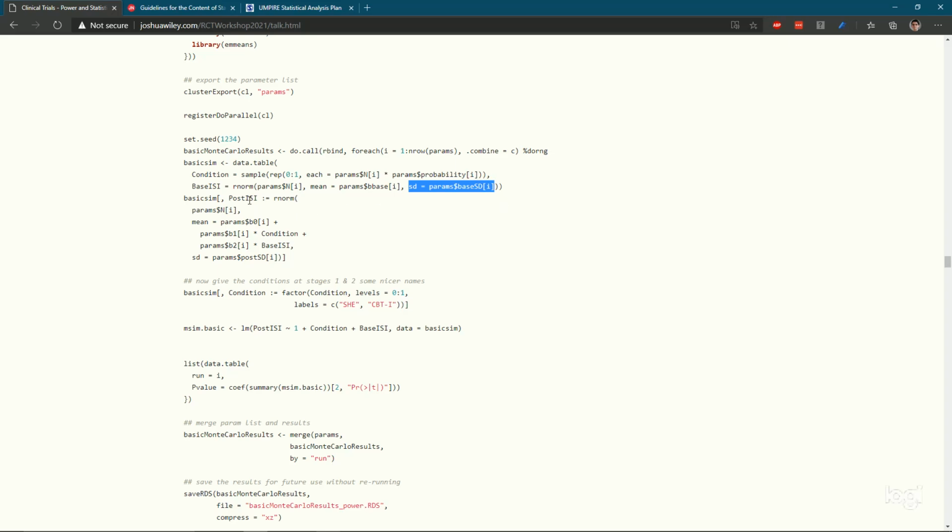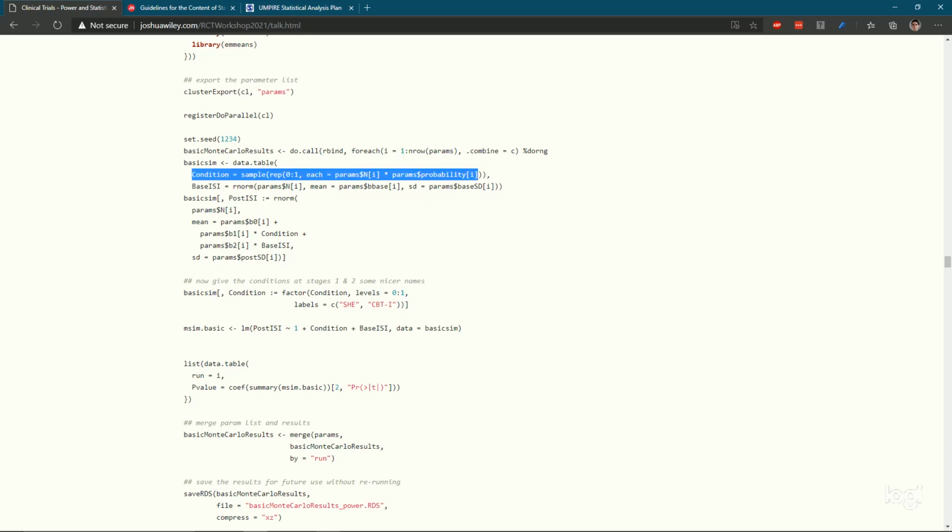Next up, I need to generate the post-ISI values. Those are also random normal, and I also want n random normal values. That mean is going to be my intercept, plus my intervention effect times which condition they're in.